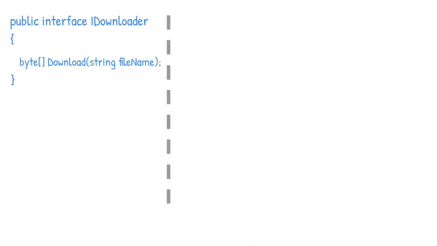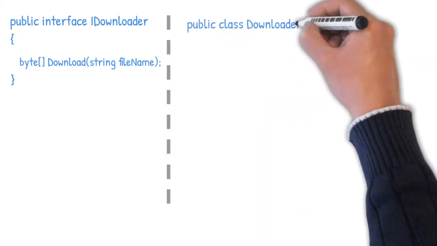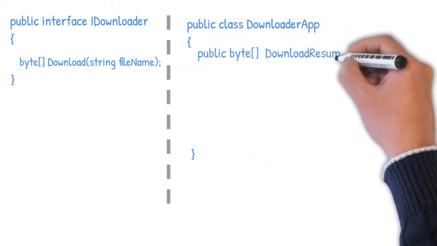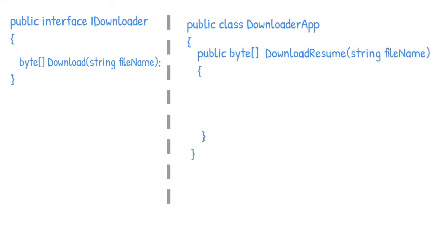Next, we are going to create our consumer class and we are going to name it DownloaderApp. This class is now going to have its own method, say downloadResume. It will accept the file name and it will respond back with the byte array.